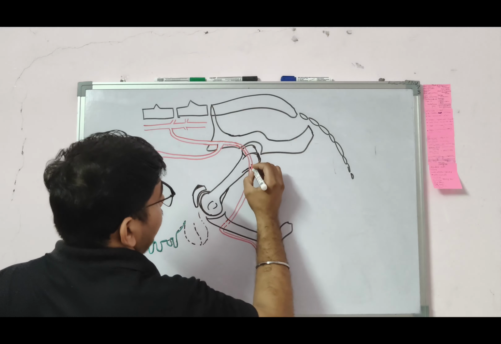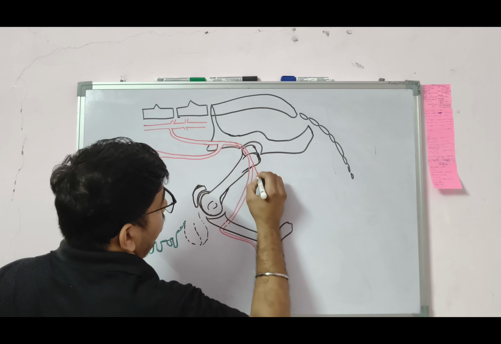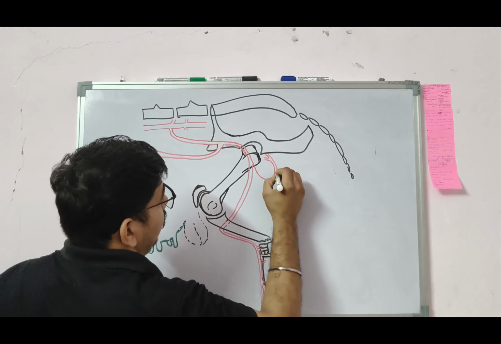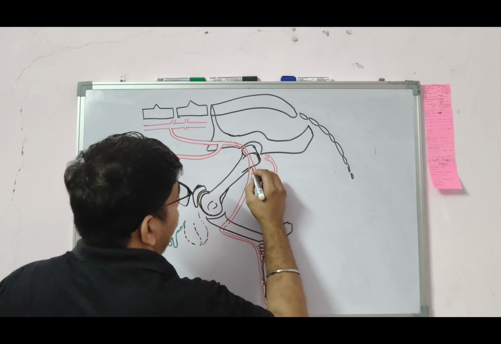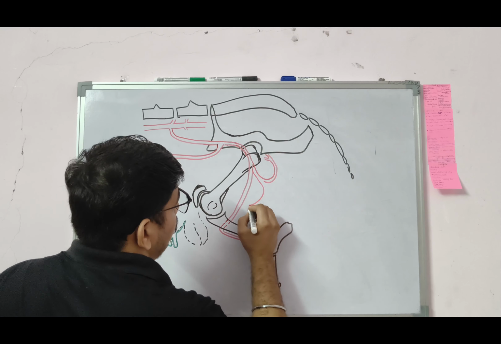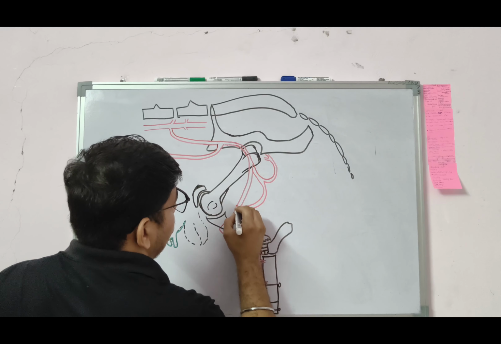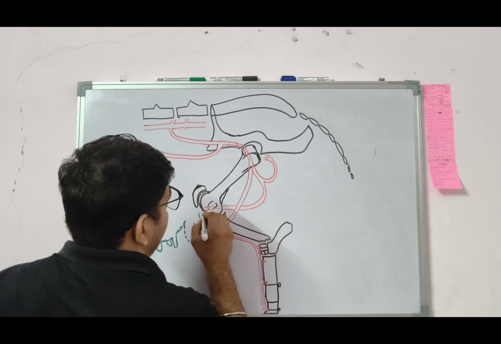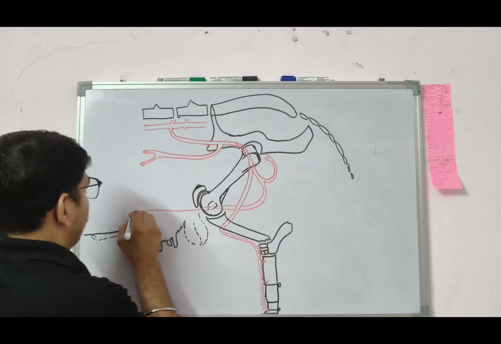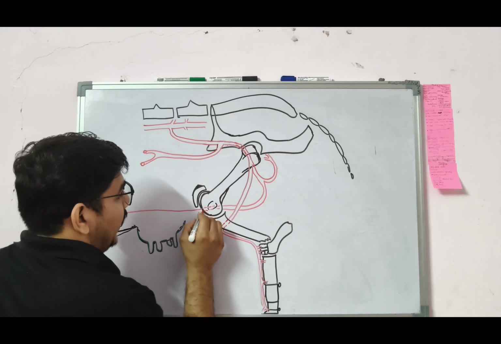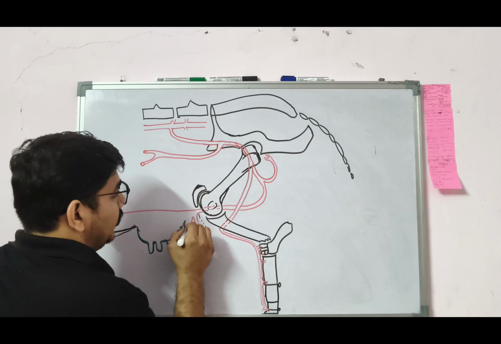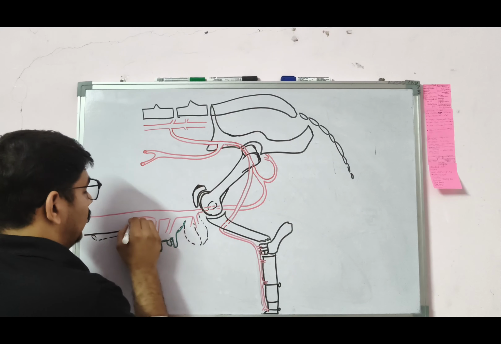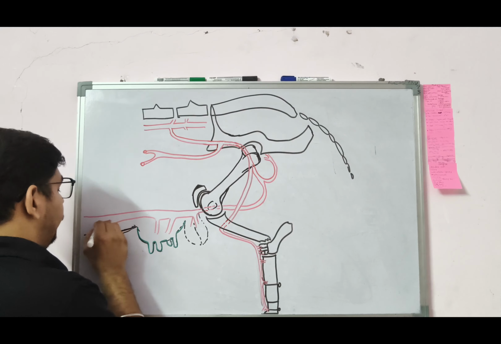The second branch emerges out from here and goes medially after branching, and a branch goes cranially by giving a branch in male here, in female here, male here also, and continues.